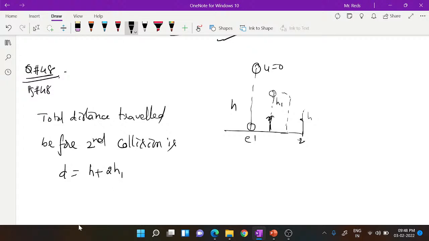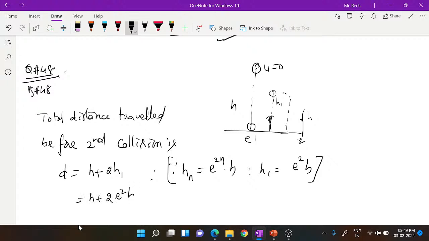But how to express this in terms of e? Here again you have to remember this: the height raised after nth collision is given by e power 2n into h. After the first collision, h1 is equal to e square h. So directly you can express this as h plus 2 into h1, where h1 is e square h.